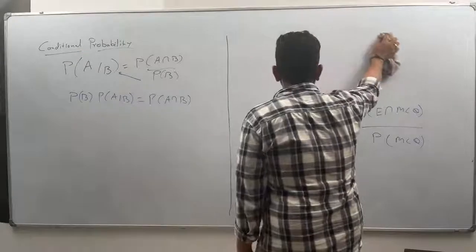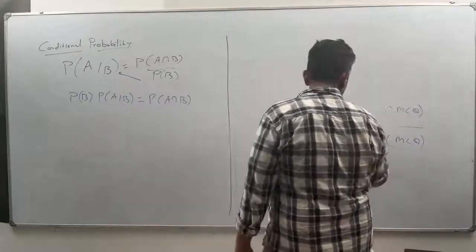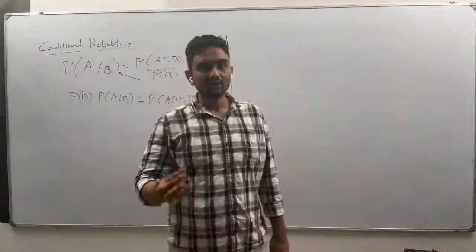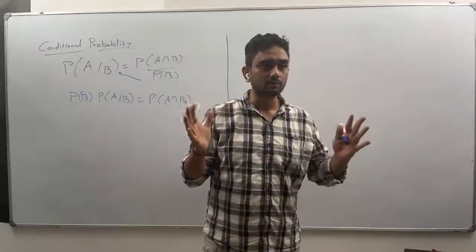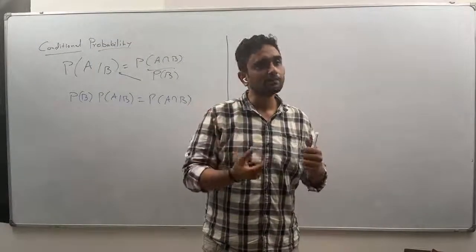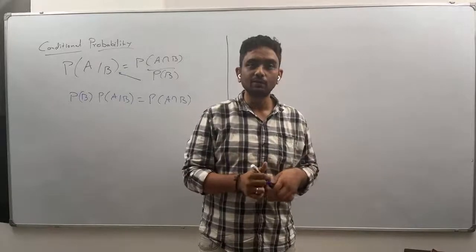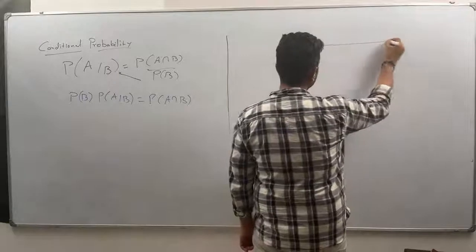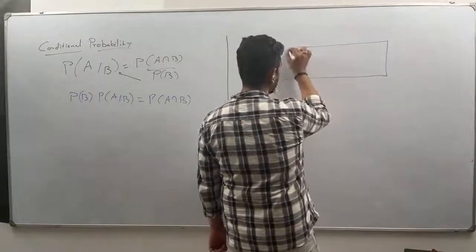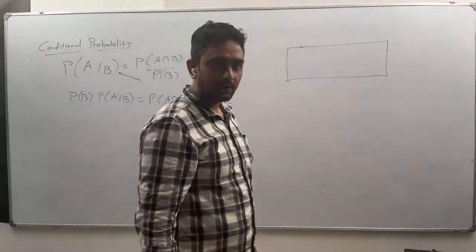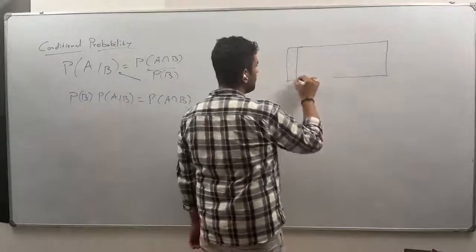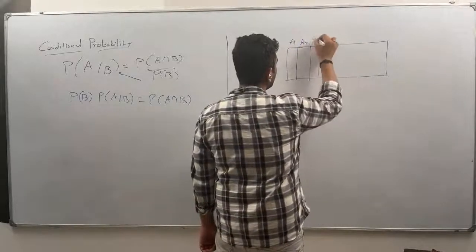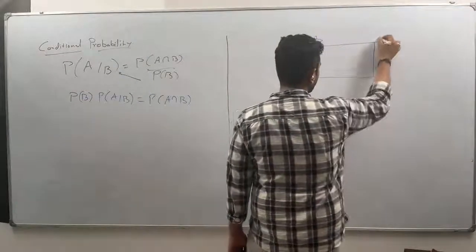Now, what do you understand by total probability theorem? From the total, we have to find out, right? We have said that a sample space is a set and an event is a subset. For every set, I can use a Venn diagram. I'll draw the Venn diagram. Let's say this is my sample space. In the sample space, I have a lot of events, A1, A2, A3, and so on up to AN.